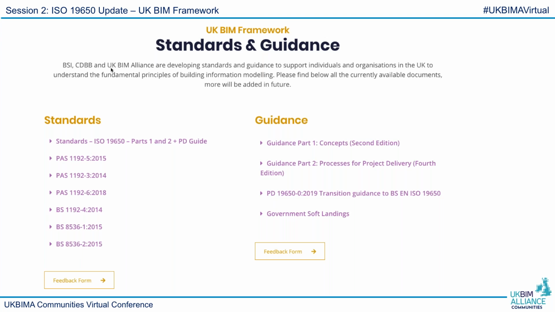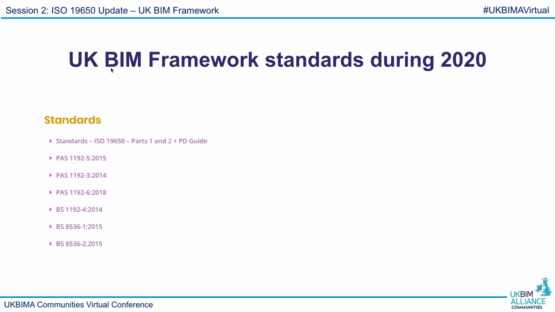So let me just step through and summarize what's going to be happening to the UK BIM framework during the course of 2020. We know we already have parts 1 and 2 there, and we have that transition guide, which in the main are there to stay.